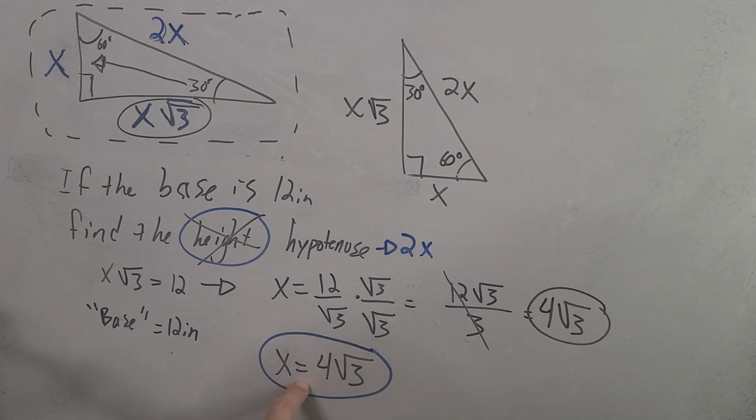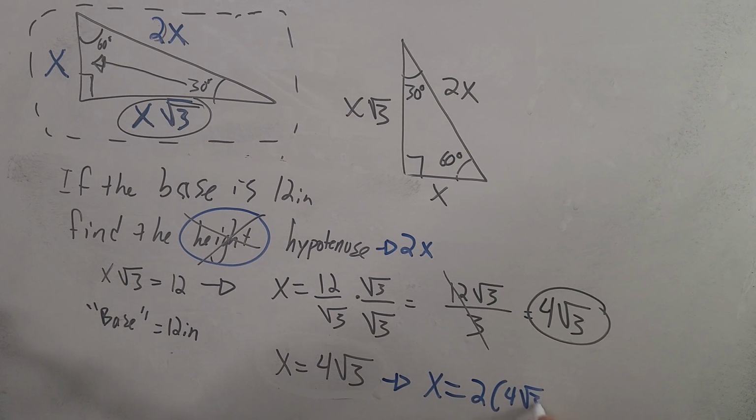So it's important that we solve for x, but that's not our final answer. If we had to find the hypotenuse, we would have to double it. So it'd be 2 times 4 square roots of 3. Double it and give it to the next person. That's 8 square roots of 3. All right, that would be our hypotenuse. So that solves both of those types of questions there.